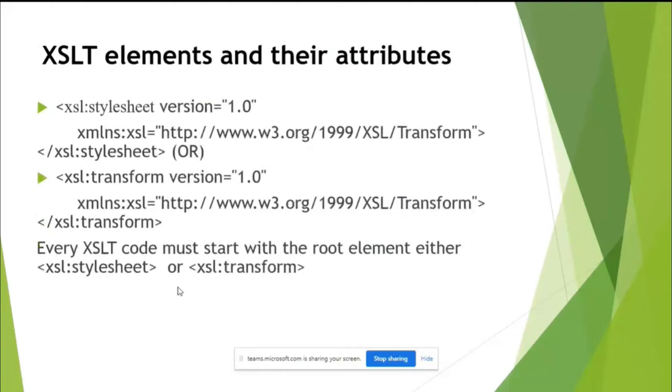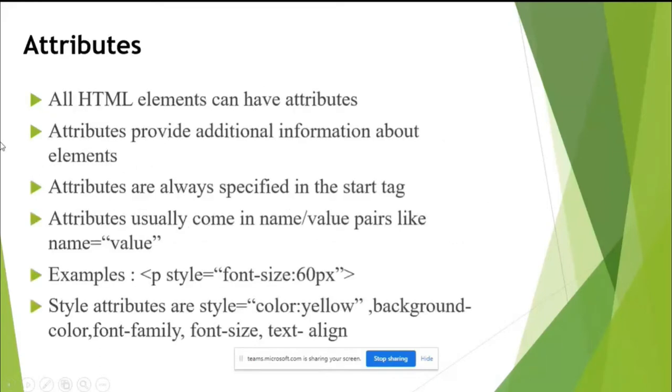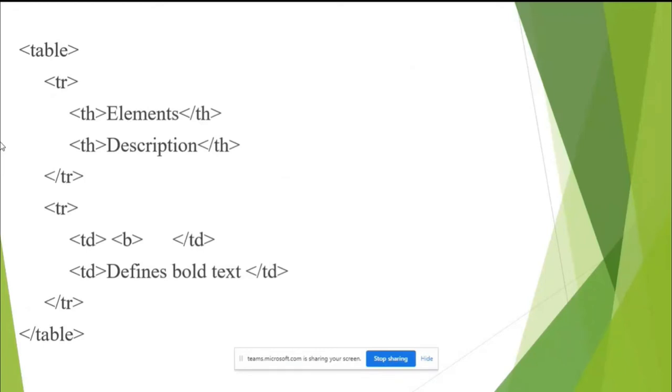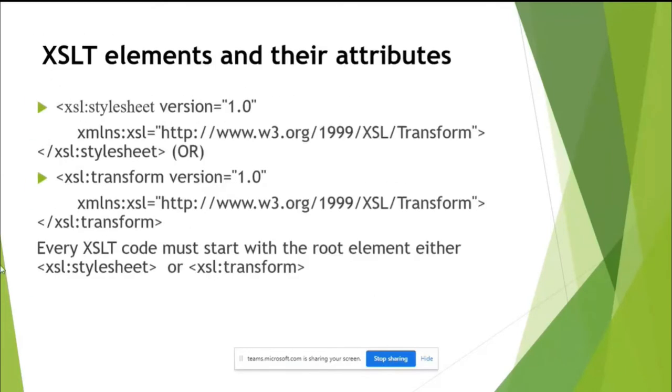So next, XSLT elements and their attributes. Till now we were seeing HTML and attributes. Now XSLT elements and their attributes. When we take XSLT, this XSLT stylesheet version 1.0 has to take place. Before that, I would like to share that we will have this xmlns. xmlns means XML namespace. Yesterday Daniel Henry sir talked about namespace.